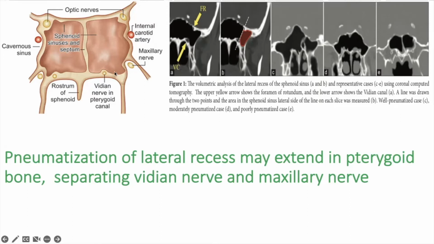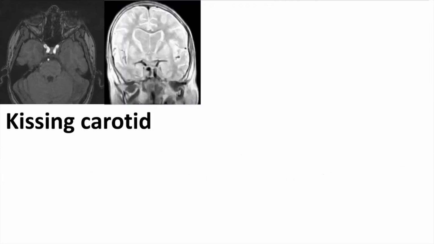And in such cases, if there is a leak from the well pneumatized lateral recess of the sphenoid sinus, then you have to take a different approach, and you have to open the maxillary sinus, and the base of pterygoid also needs to be drilled to access the lateral recess and do surgery.